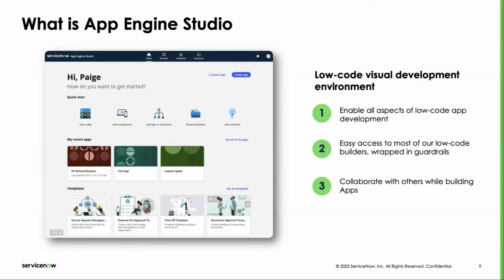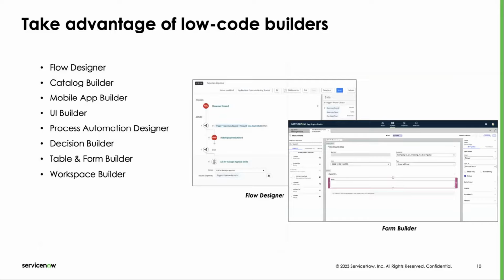But first, I want to talk a little bit about what I mean by it allows access to all the low-code builders. So App Engine Studio, at a very, very basic level, is a guided wrapper for your low-code builders. So everything that you see on the screen is available in App Engine Studio.